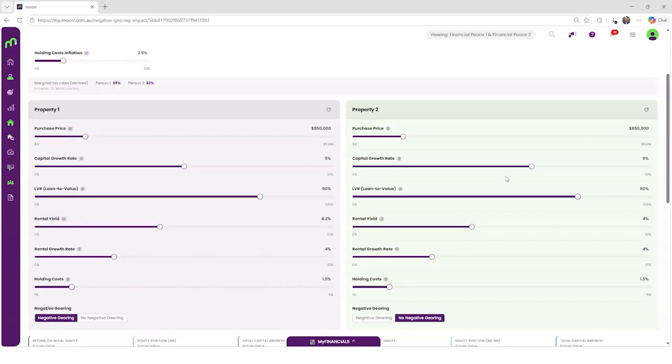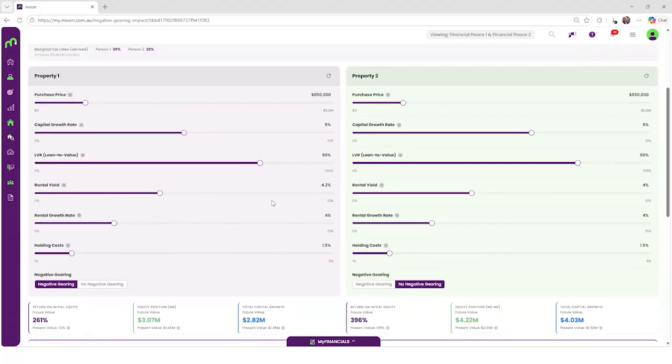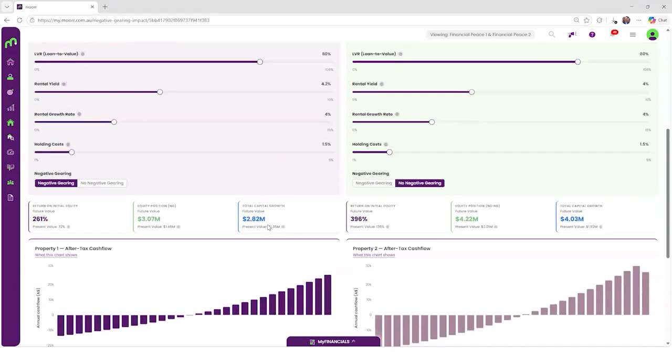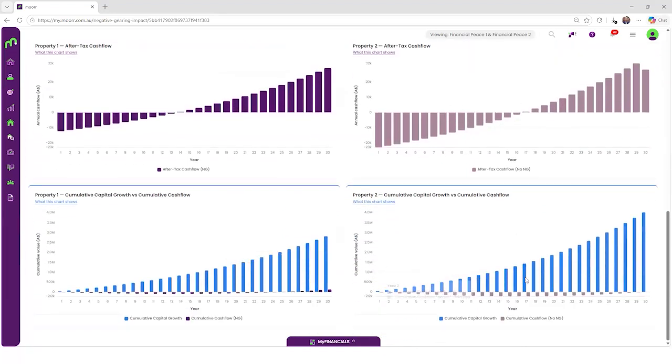And so just with a 1% difference in that story, and I've even loaded up the rental yield because it's a new property, so they'll get a little bit higher rent, and reduced some of the holding costs as part of that as well. So we can potentially say, let's reduce those holding costs down a little bit because it's a new property, but you can see then the comparison starts to play in, and you can see the overall returns between the two properties.